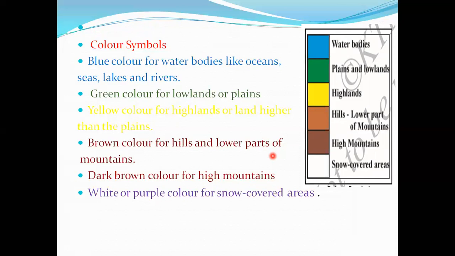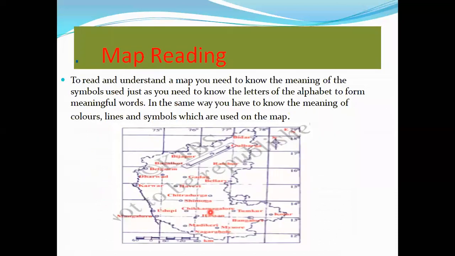Okay, brown color shows the lower part of the mountain, and dark brown color shows high mountains. And next, white and purple color shows snow covered areas. So like that, in the physical map, different colors are given for the physical features. With the help of colors, we can identify the physical features.